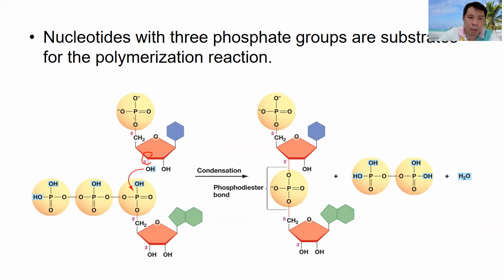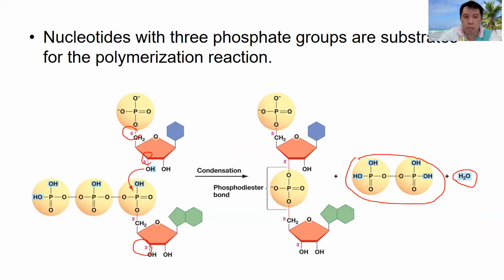So this end of the polynucleotide is called the 5' end, and the end here is the 3' end. In the condensation process, they release one water molecule and remove two phosphate groups here.